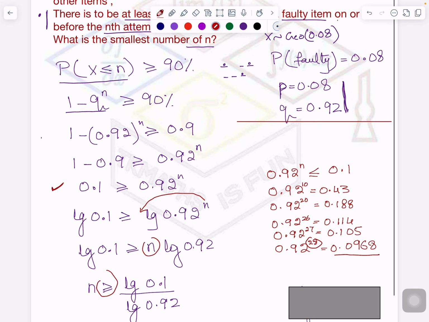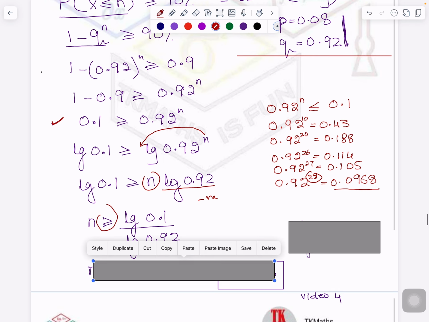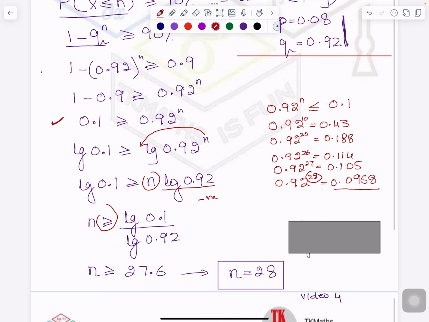Here it was n is less than or equal to. What is the reason for that? Log 0.92 is a negative number. You can check in the calculator. And whenever we divide an inequality by a negative number, the sign reverses. So those who are doing log, please be very careful.